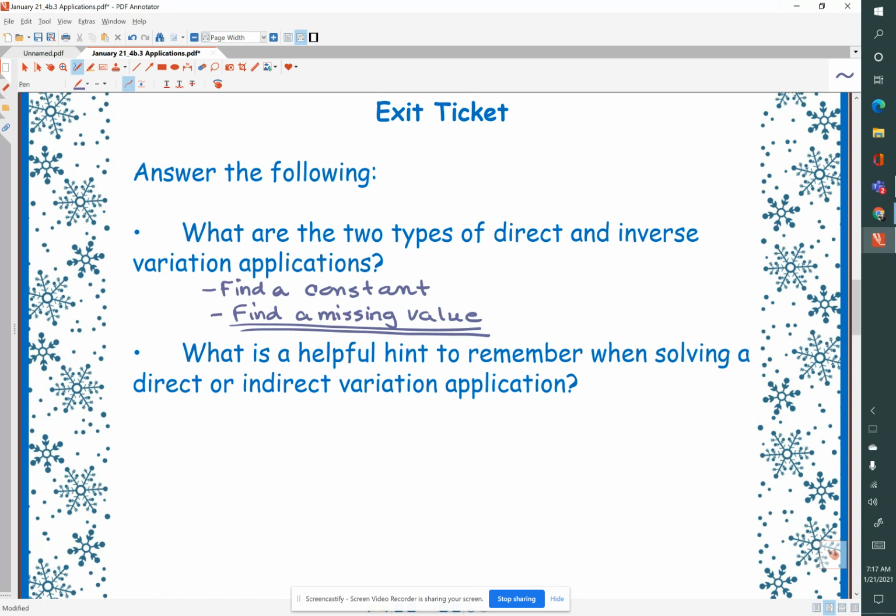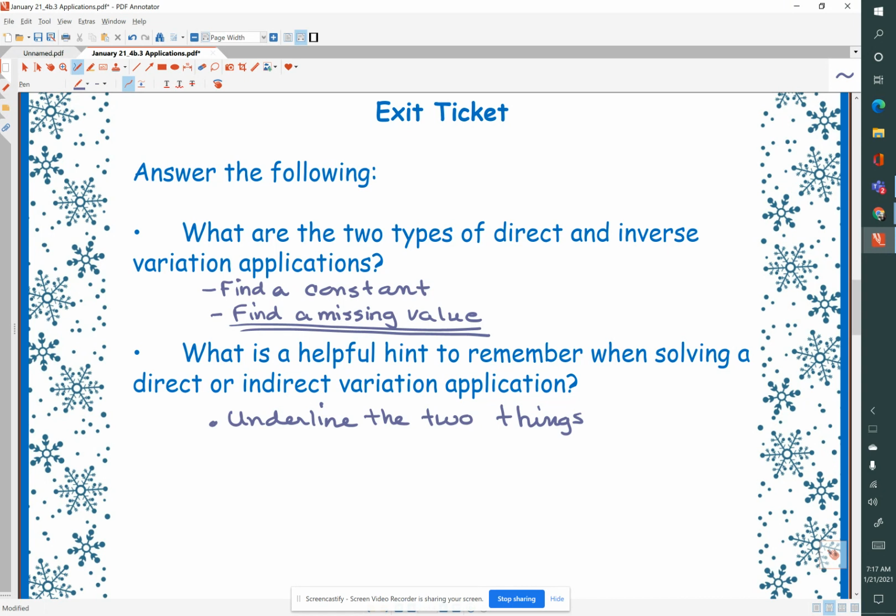Now, what is a helpful hint to remember when solving a direct or inverse variation application? Okay, so underline the two things. They're always comparing two things with direct or inverse variation. It could be hours worked and the amount of money earned.